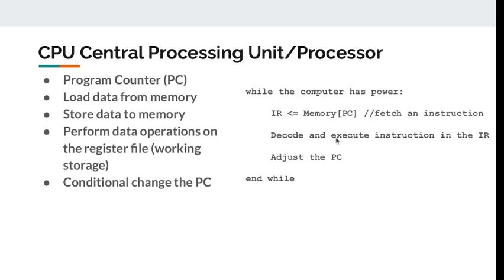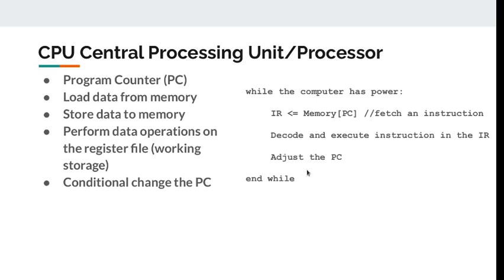After that, we're gonna decode and execute this instruction that's inside the instruction register. So in this case, as we're gonna see in a couple of slides, basically we have a string of ones and zeros, and this string is gonna tell us which type of instruction, which parts of the CPU are gonna be accessed to execute that instruction.